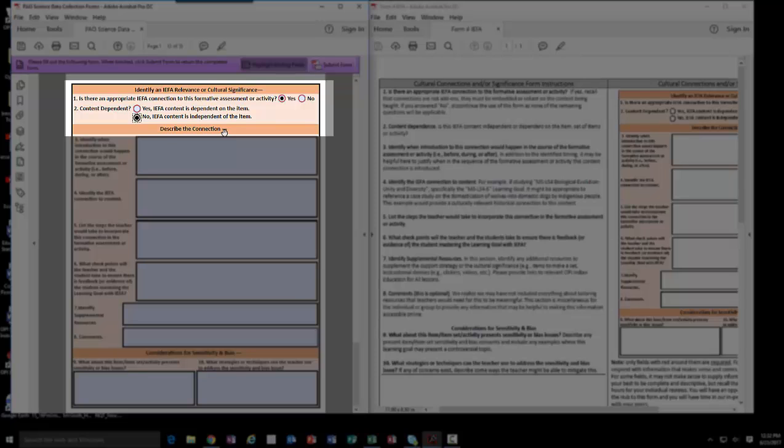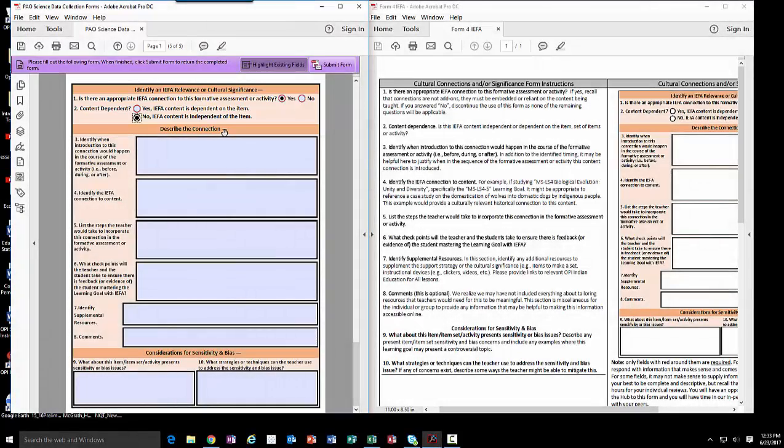And so again, that's not an add-on, it's really embedded or reliant on the content that's being taught. So we would answer no there, and then we would go through the rest of the form.